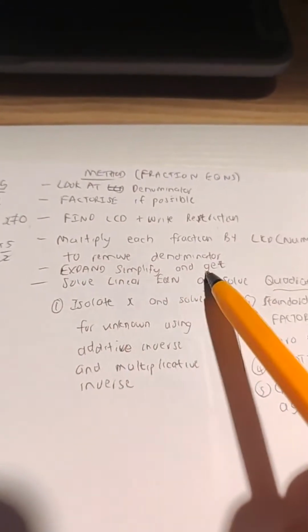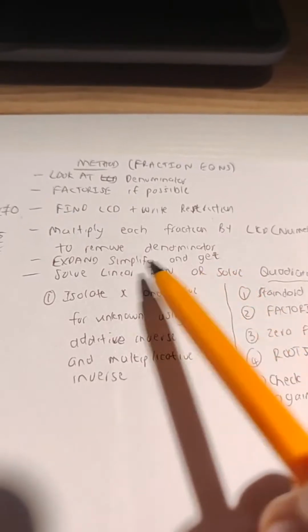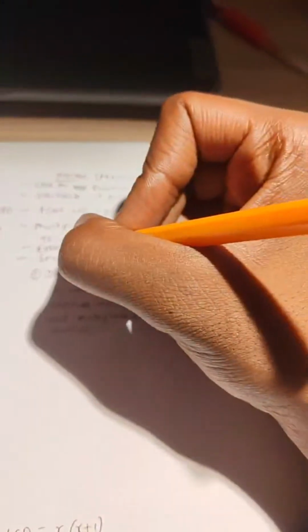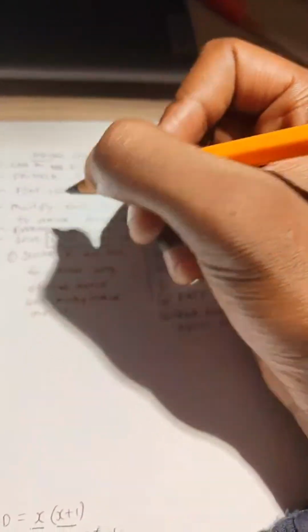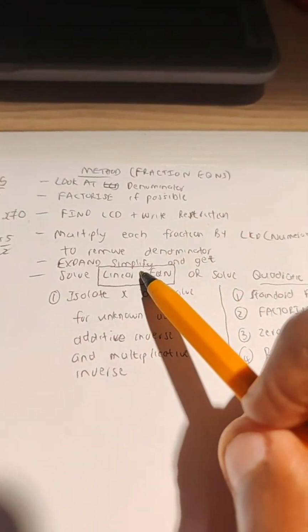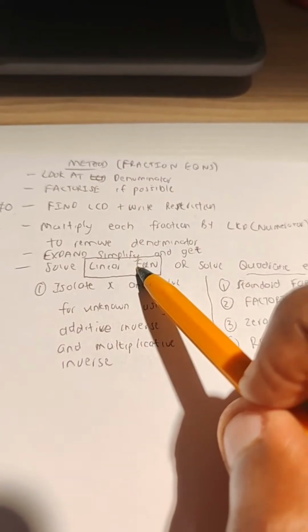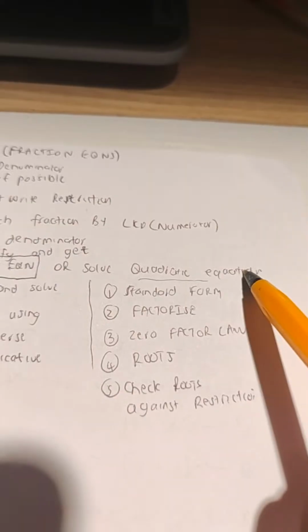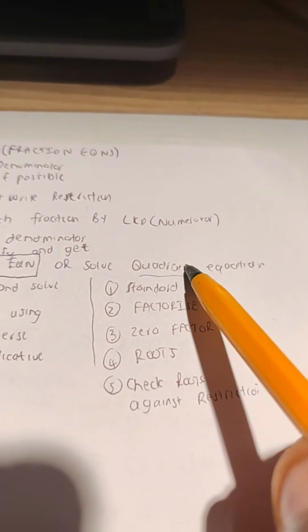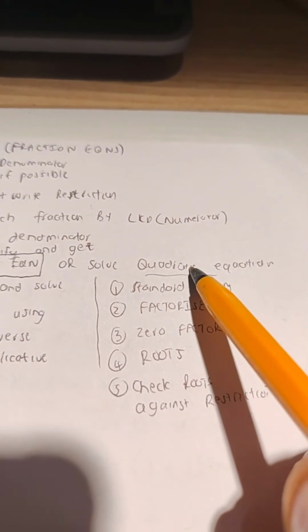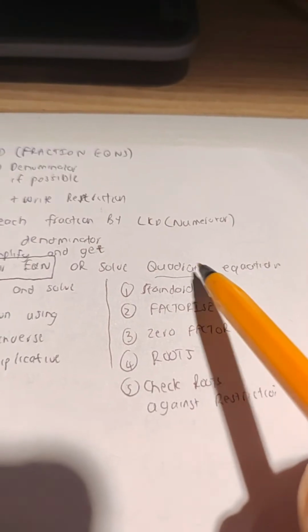Then you expand and simplify and get to solve either a linear equation, that's an equation that has 1 as its highest exponent for x or whatever variable you have, or you get to solve a quadratic equation. That is an equation that has as its highest exponent x, which is powered by 2.